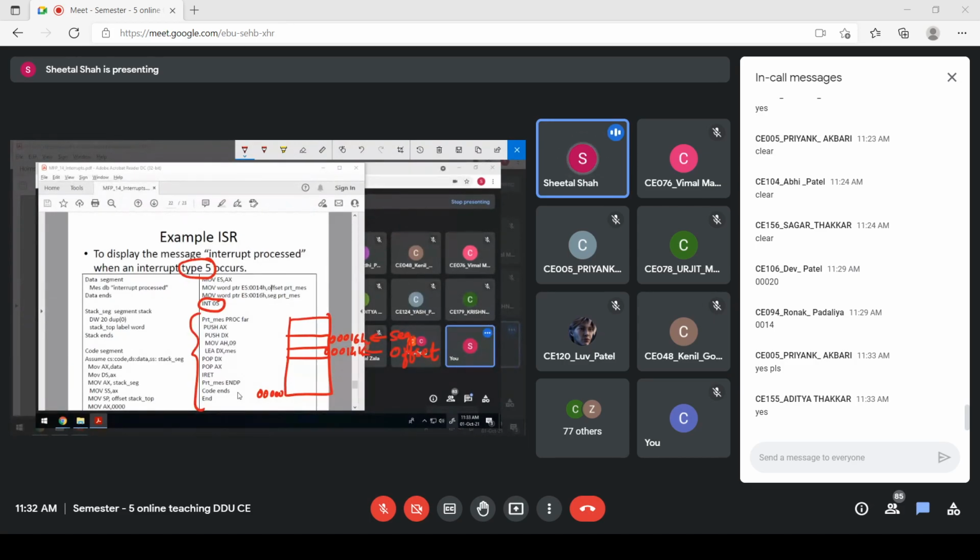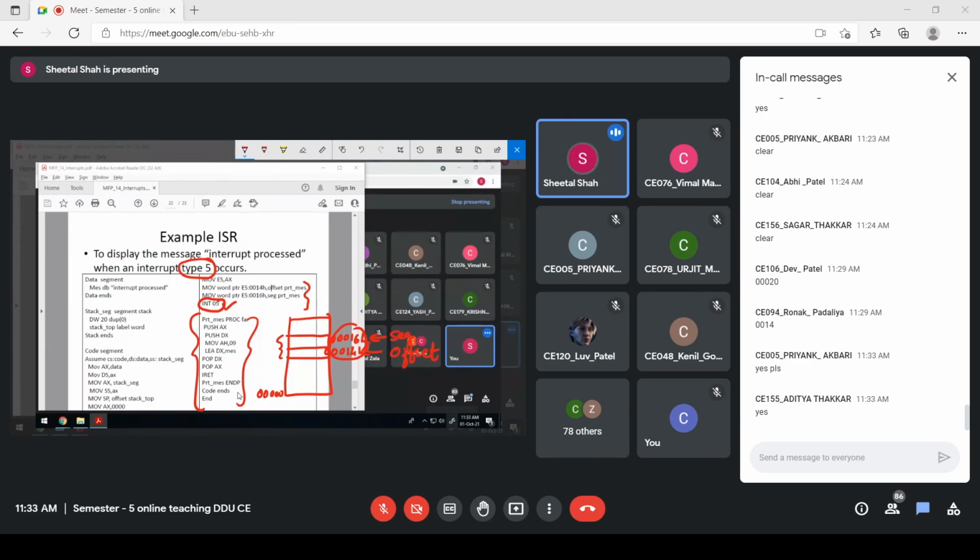Okay. So if INT 05 is called, then it would get the segment as well as the IP address from this part of the memory of the interrupt vector table. But the segment address as well as the offset value of this procedure should be stored here. So I am doing that storing of the address of this interrupt service routine at this part.